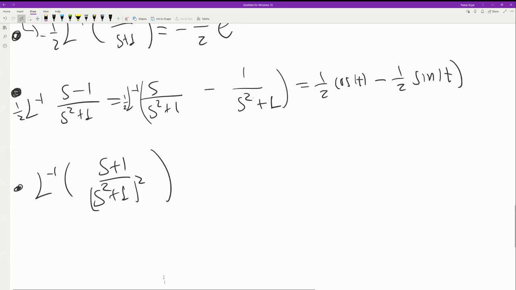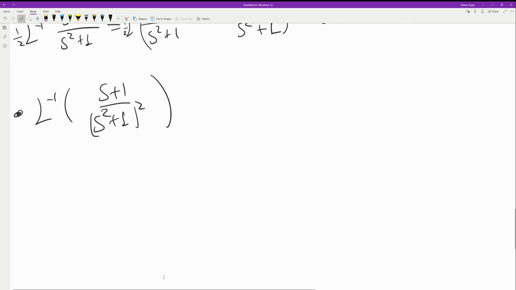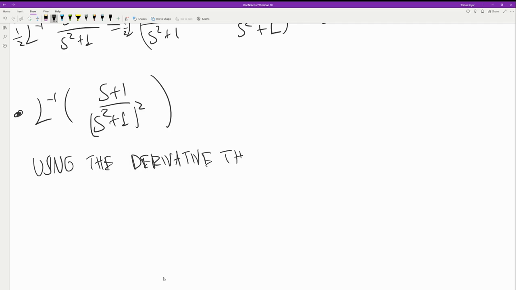All right, so let me give you two formulas. So using the derivative theorem, you have the following.